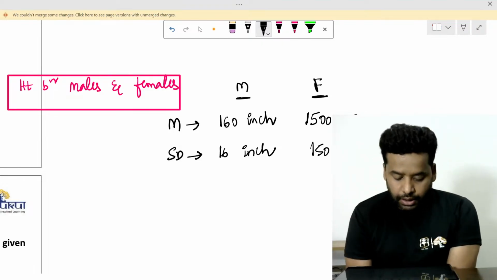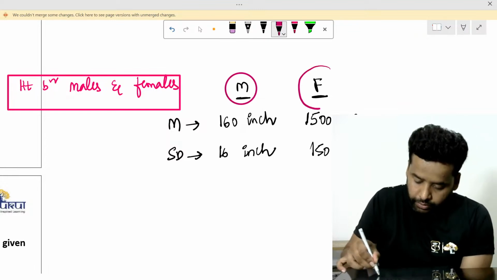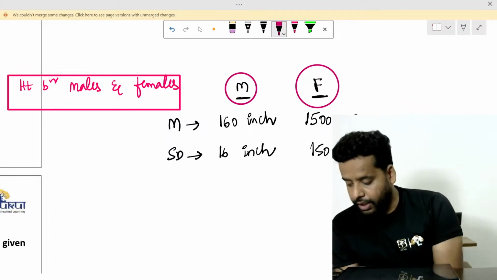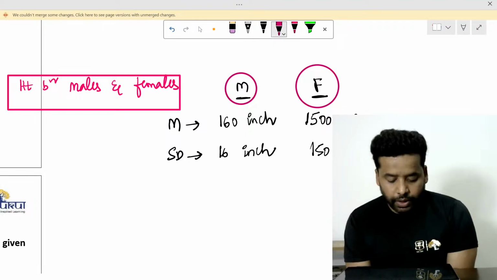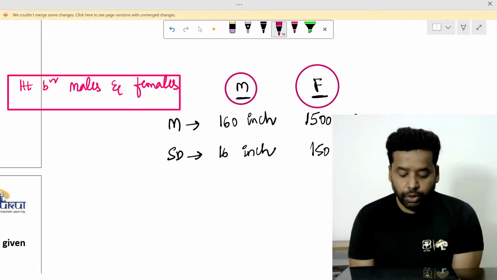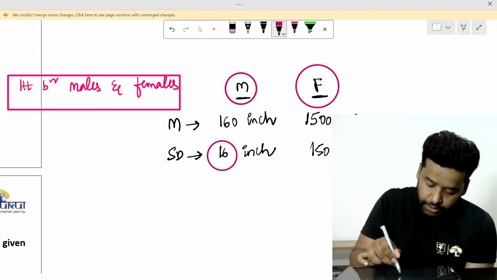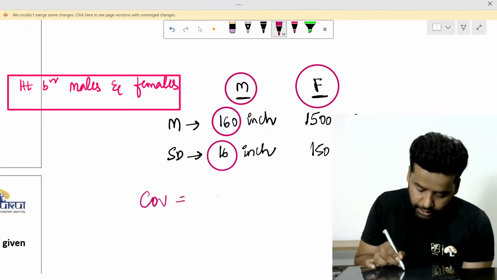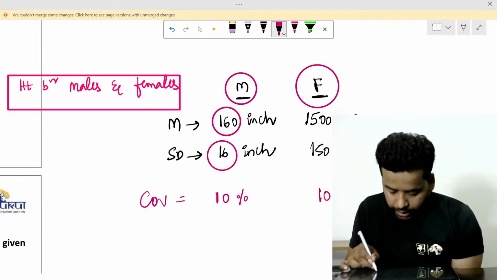Now tell whether the amount of variation is equal, because when I am calculating coefficient of variation, you can tell whether it is equal, more, or less, even though the units are different. See the relationship between them. 16 and 160, coefficient of variation is how much percent? 10%. The other side again you can tell it is 10%.